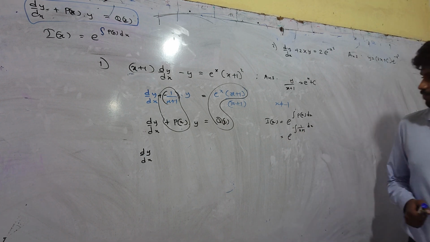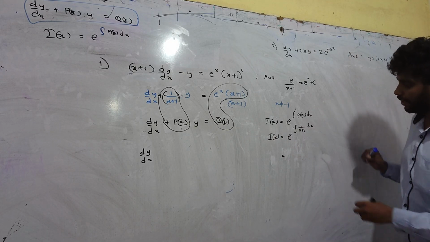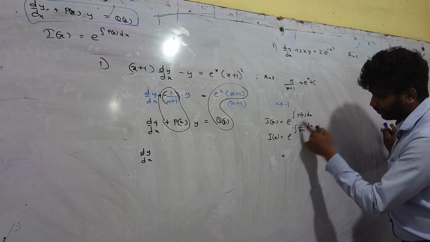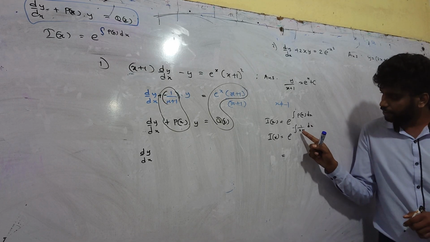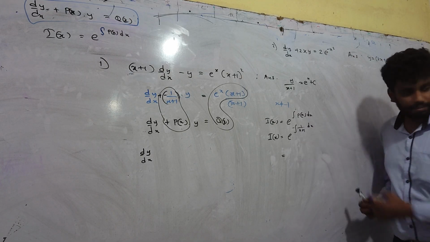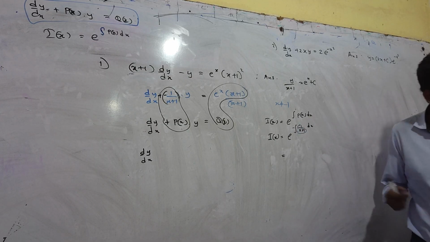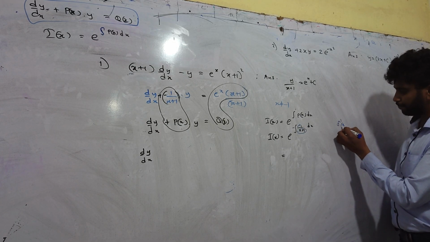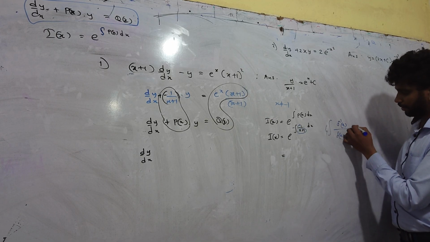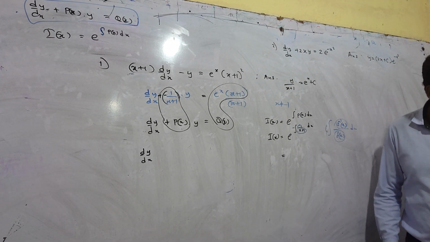Integrating gives ln of x plus 1, and the minus goes because the derivative of the denominator is in the numerator. Just remember that if f prime of x is in the numerator and f of x is in the denominator, this is exactly the derivative of the denominator.